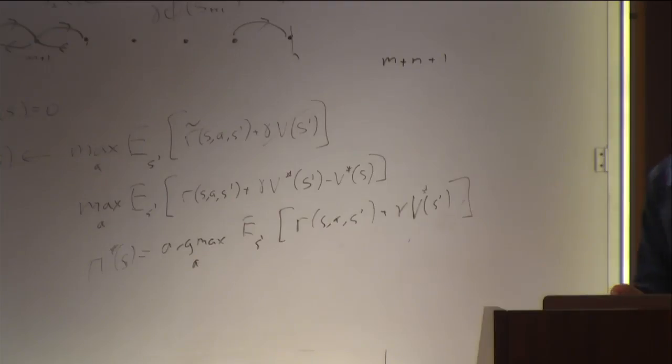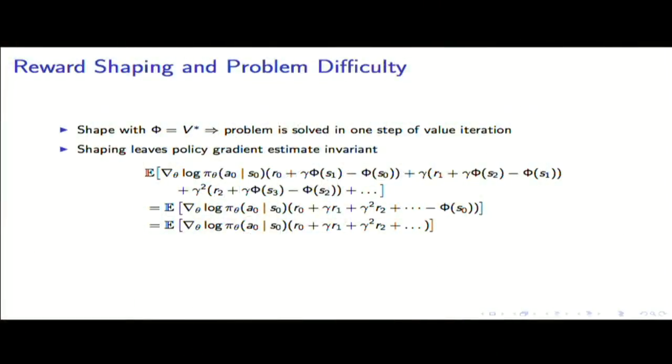It also, as we pointed out before, leaves the policy gradient invariant. Let's just write out the discounted sum of returns times grad log probability. As we said before, all the extra shaping terms cancel out except the first one.